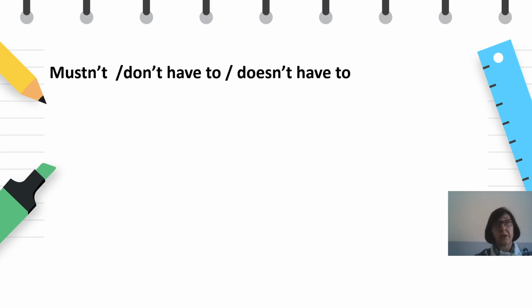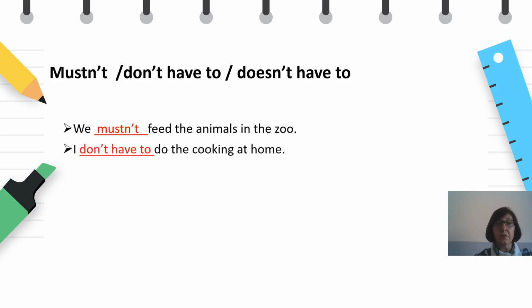So obviously the negative form of must is mustn't, and the negative form of have to is don't have to and doesn't have to. So, we mustn't feed the animals in the zoo. I don't have to do the cooking at home. She doesn't have to visit the dentist every month.